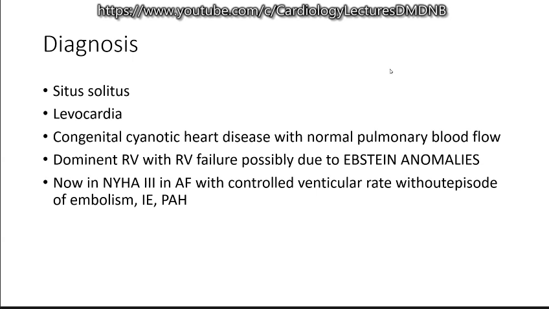In that atrialized portion of the ventricle, by electrogram, you will be able to get a ventricular electrogram, while the pressure recorded will be that of the right atrium. So in the atrialized portion, you get a pressure recording of the atrium, and an electrogram that is that of the ventricular complex.